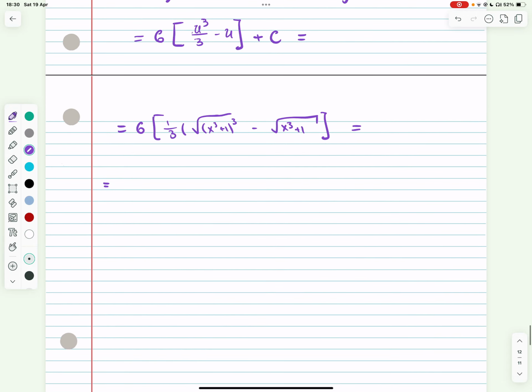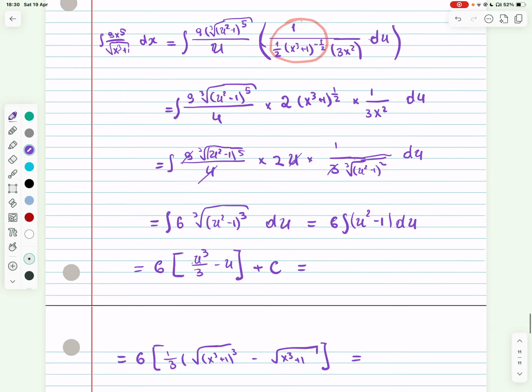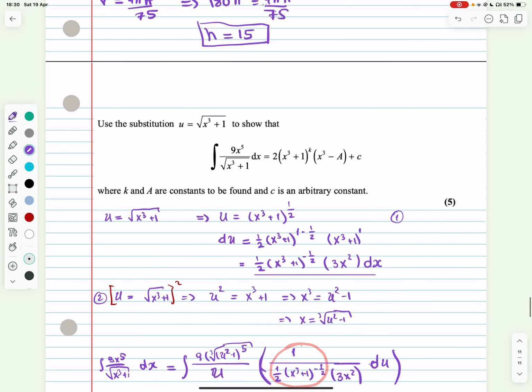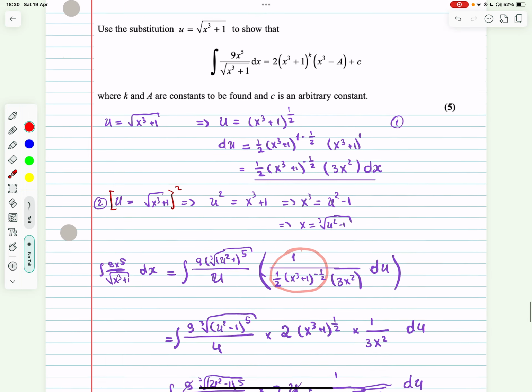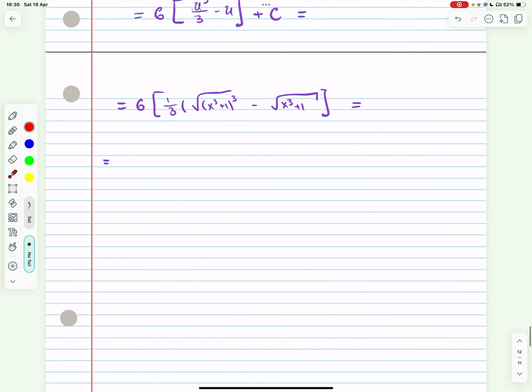Okay, so all we have to do now is write this expression just like the expression they want us to write on the top. There's a multiplication between two expressions, and there's a 2 over here. The plus c stays there. I forgot to write plus c here, it's always there.